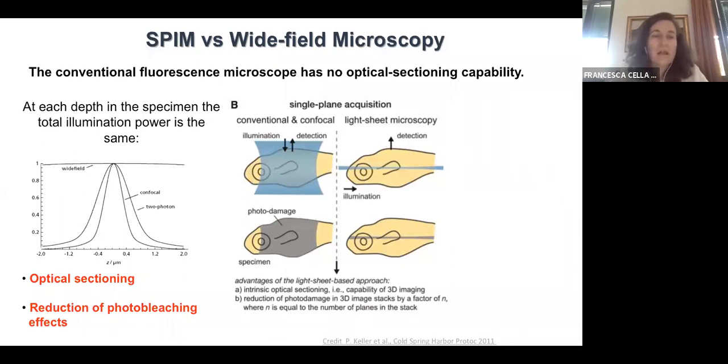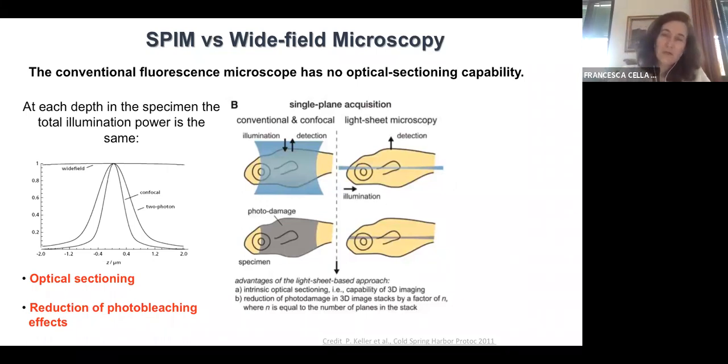And confining the light, compared to confocal and conventional microscopy, means that you are also reducing the photobleaching effects within the sample. So this is why this technique is used, for example, for developmental biology, where you have live samples, large samples you want to image for a long time.